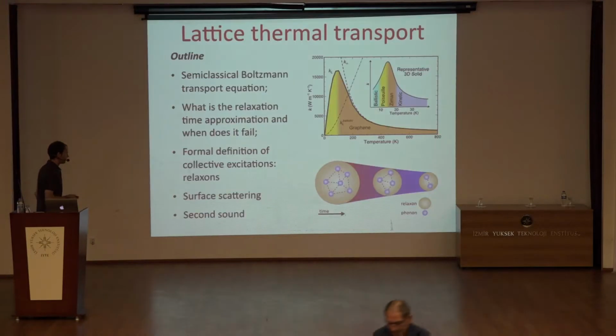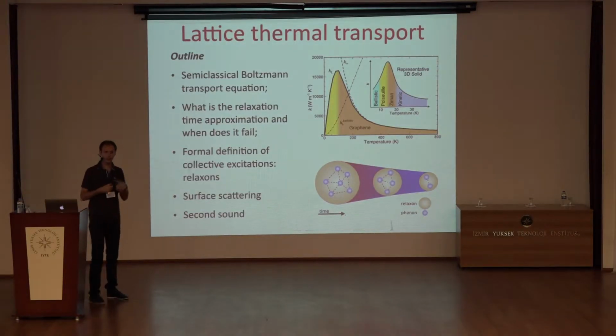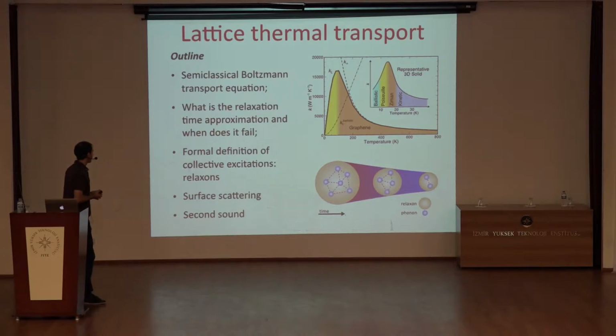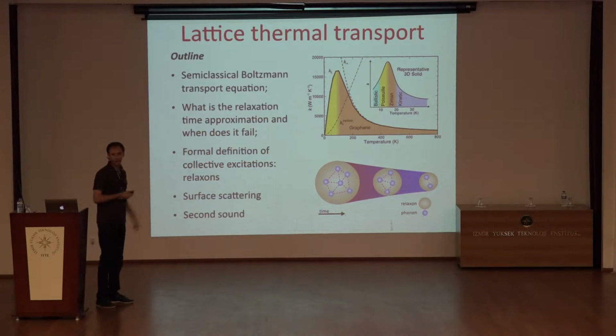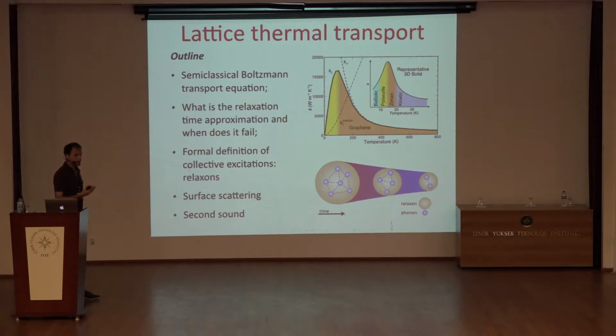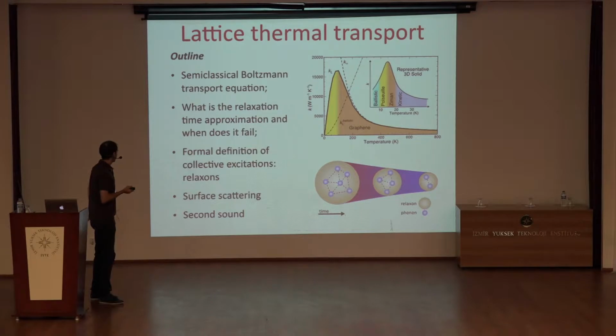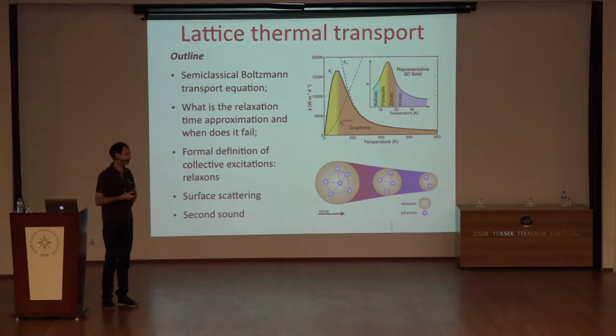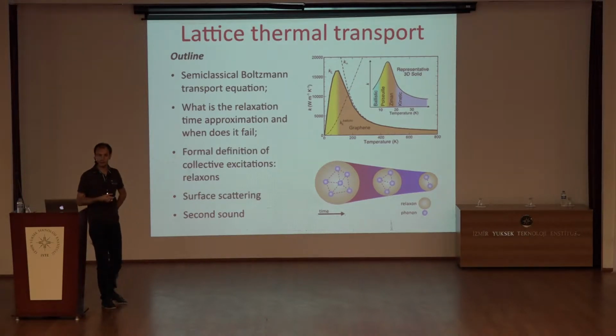To give a brief outline, I will quickly remind you of the Boltzmann transport equation, which we have seen already quite some times. I will go through the reasons, at least from my viewpoint, of why the relaxation time approximation fails, and we'll try to cure this failure. For doing that, I will introduce the concept of relaxons.